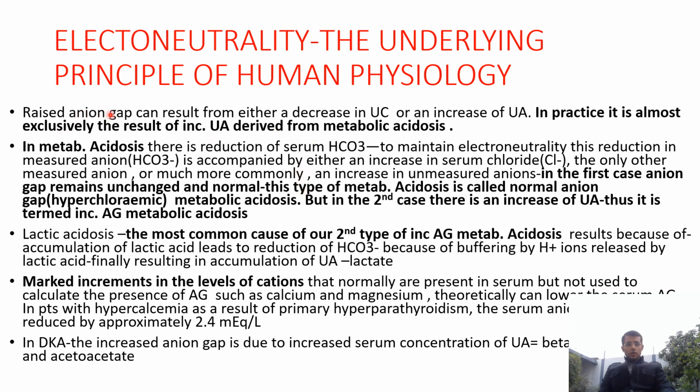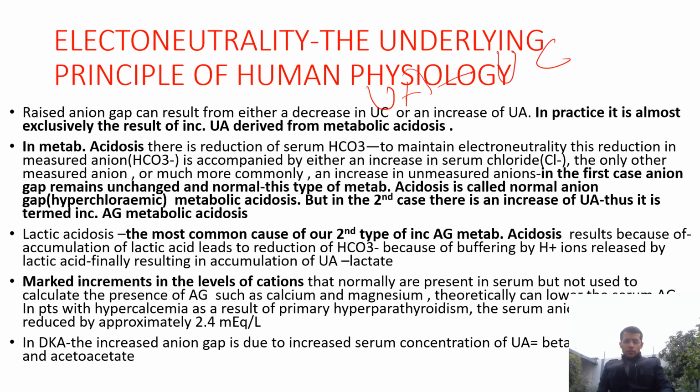So raised anion gap can result, the equation first is unmeasured anions minus unmeasured cations. So raised anion gap can result from either a decrease in unmeasured cations or an increase of unmeasured anions. We will just write here unmeasured anions minus unmeasured cations.